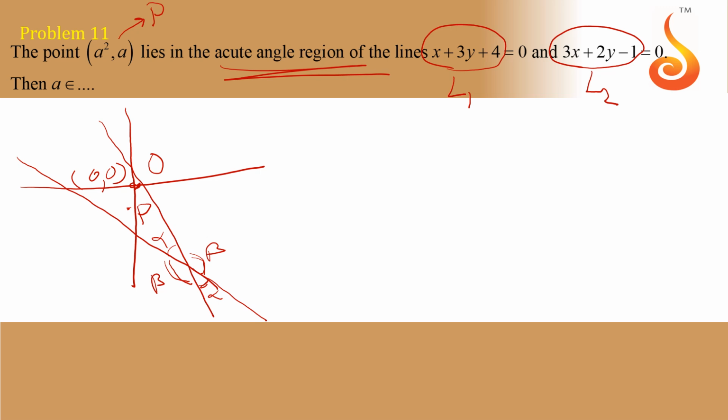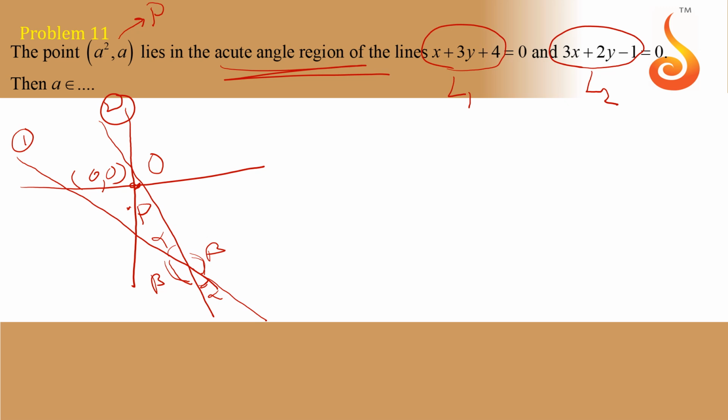Observe carefully: if (a square, a) is in the angle in which the origin is, then for lines 1 and 2, if the origin and P are on the same side of one line, they are on the same side of the other line also.